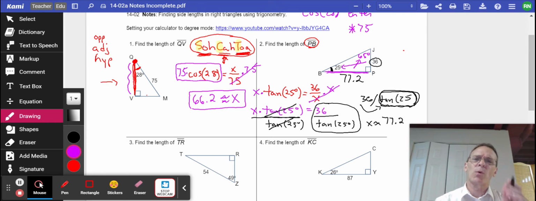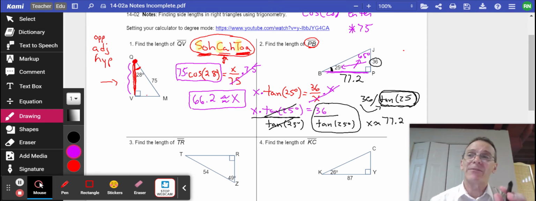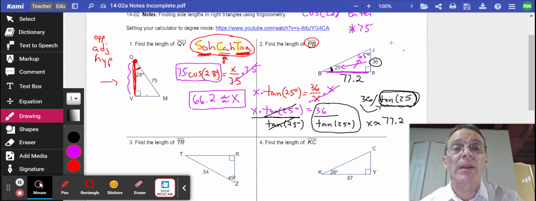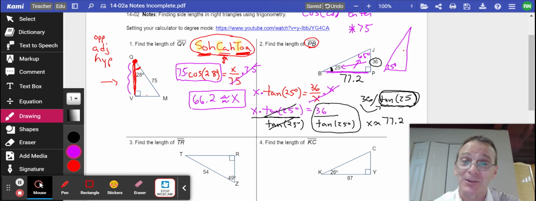Now, one more thing I want to tell you, just to put you at ease, is I am never going to intentionally draw triangle pictures to try to fool you, okay? I would not have drawn this triangle like this and made this angle 25 degrees down there. That does not look like a 25-degree angle. That looks larger than 45, doesn't it?